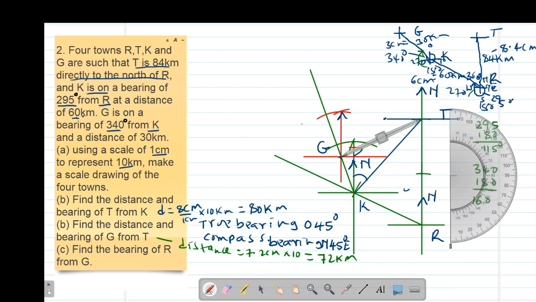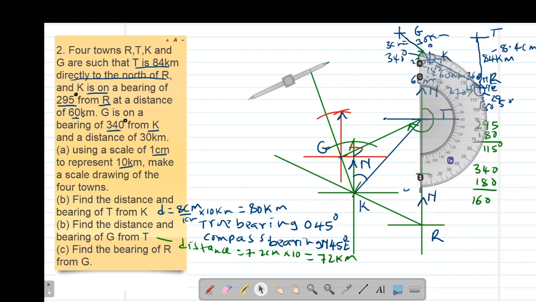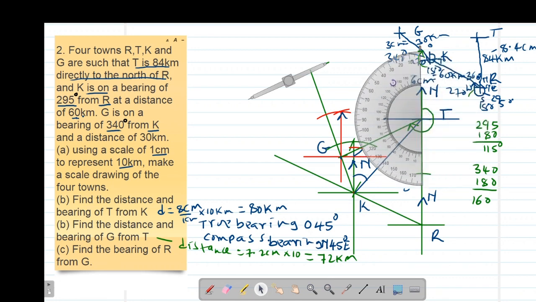So that means we are measuring the angle from the point T. So the angle that is required, this is T. This is the angle that is required, this angle here. Because I already have my 180 degrees, I'm simply going to measure the remaining angle here. So I'm going to flip my protractor this way.